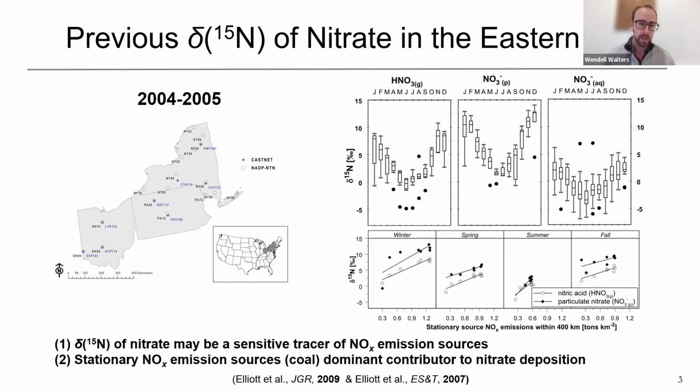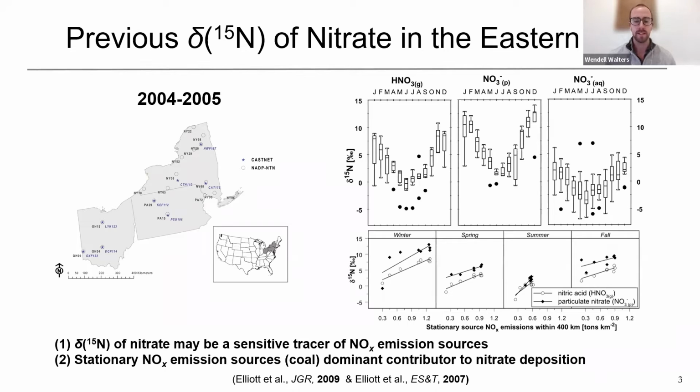Indeed, they found significant correlations between delta 15N and nearby stationary NOx emission sources near the various CastNet and NADP sites. Two major takeaways from this study were that the delta 15N values of nitrate may be a sensitive tracer of NOx emission sources, and that stationary NOx emission sources, primarily coal combustion, were the dominant contributor to nitrate deposition in the mid-2000s.